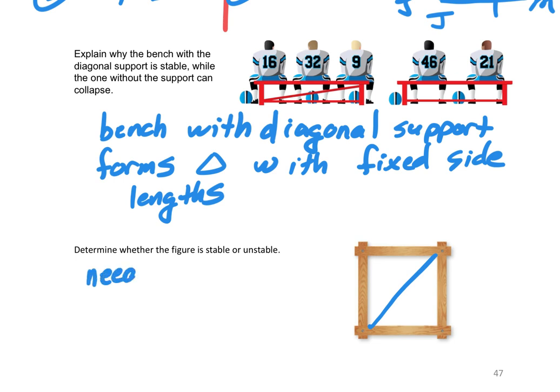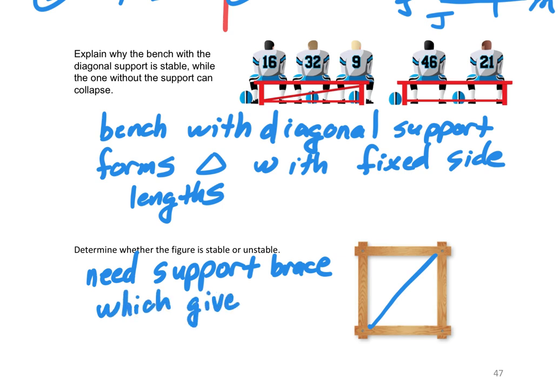We need a support brace. And that support brace would give us congruent triangles. It's going to keep that figure from leaning one way or the other, okay? And it doesn't matter which way we go with it. We could go diagonal either way, or we could go both ways, but we do need some type of support to make that stable.